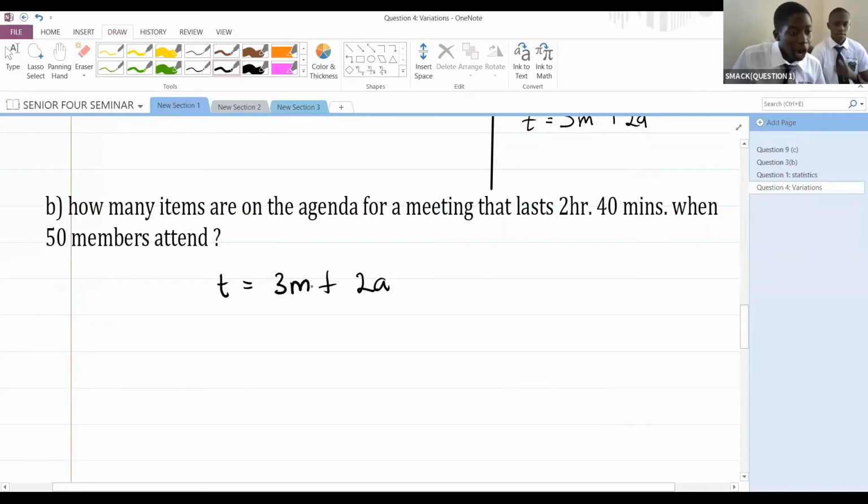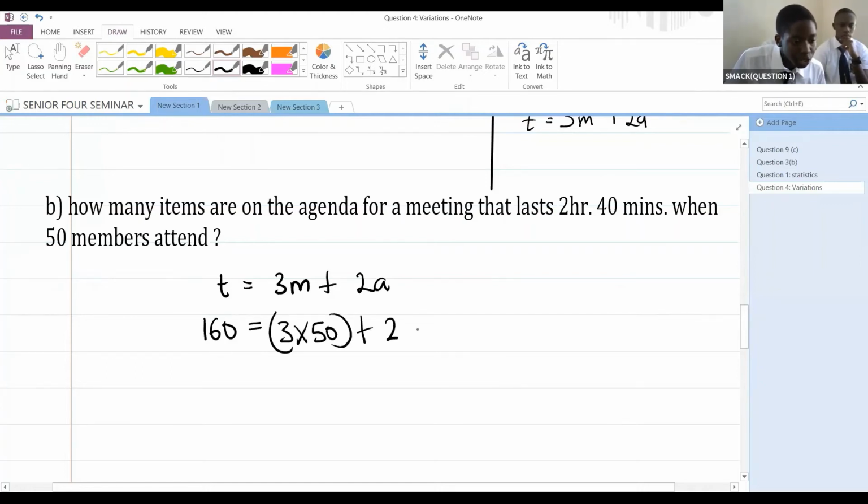Our time will be 2 hours, 40 minutes, which is 120 minutes plus 40, that means 160 minutes is equal to 3 times 50 members plus 2A.